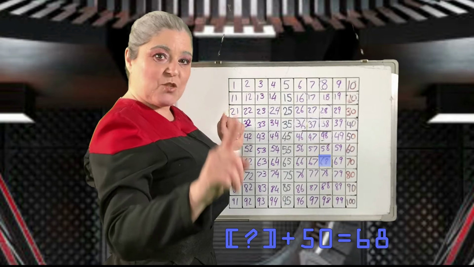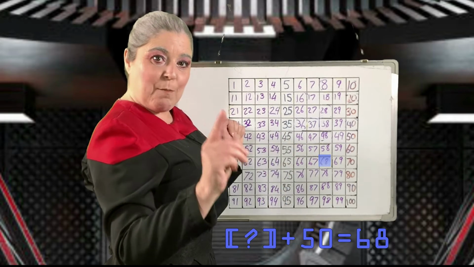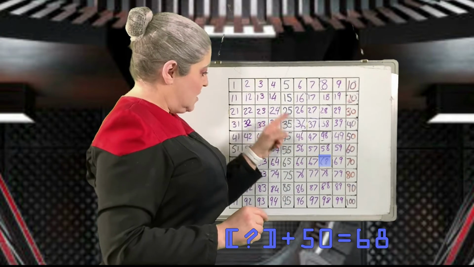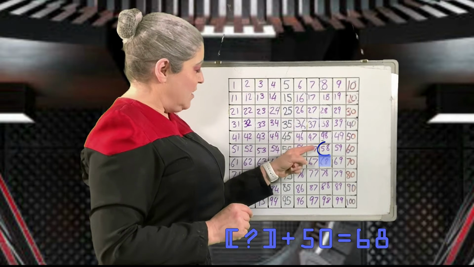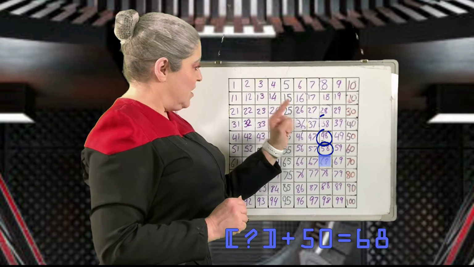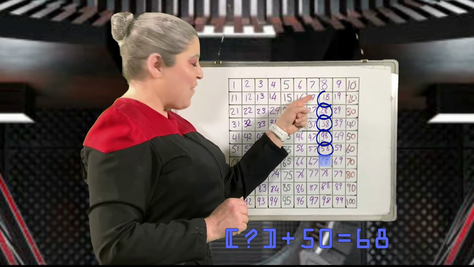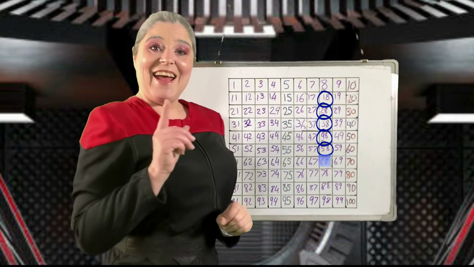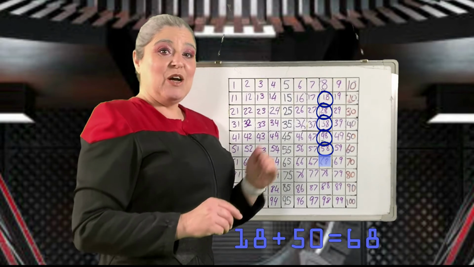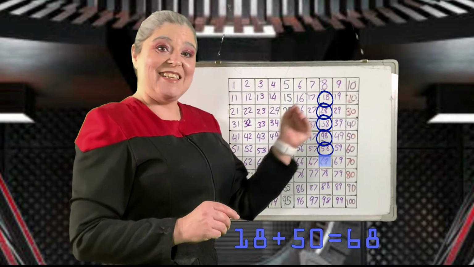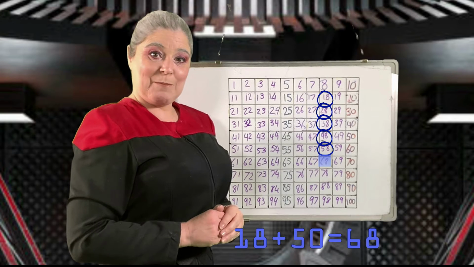That's right, because we're adding 5 multiples of 10. So, 1, 2, 3, 4, 5. 18 plus 50 is 68.